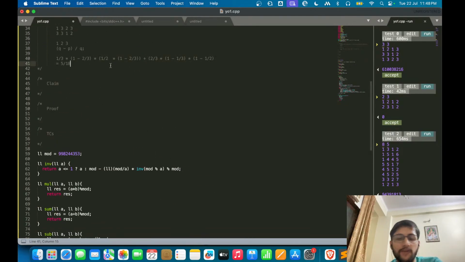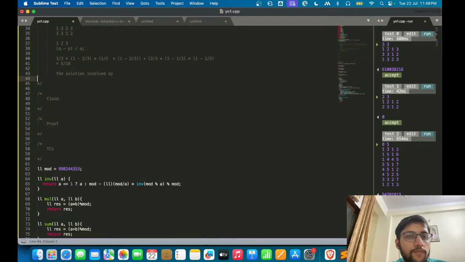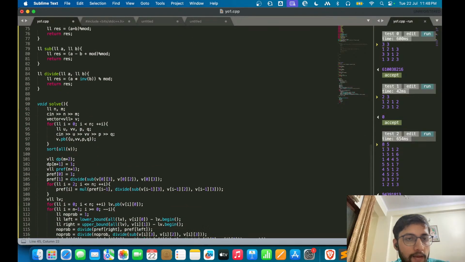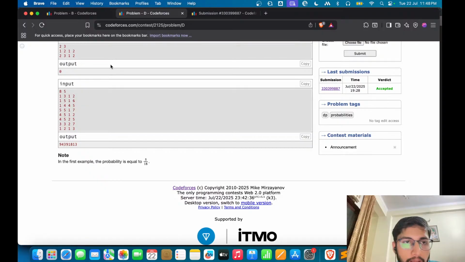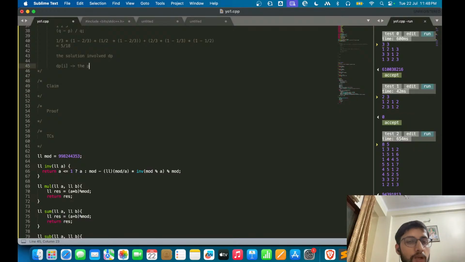So why prefixes are needed here: the solution involves dp, okay, and basically dp of I will represent the probability to reach m plus 1.